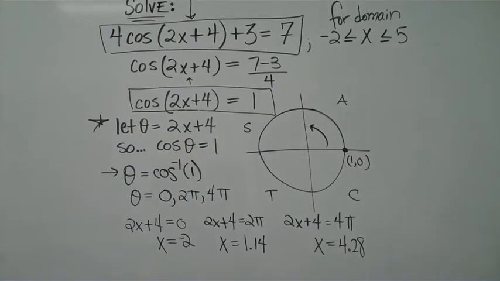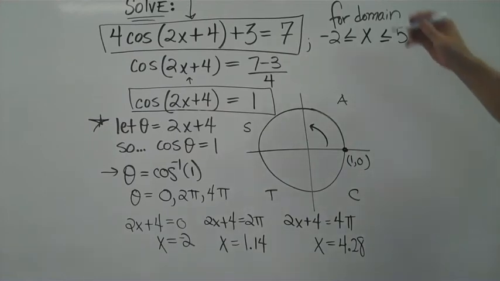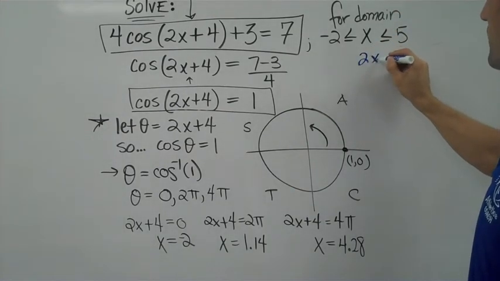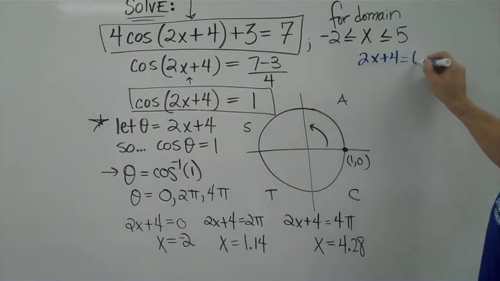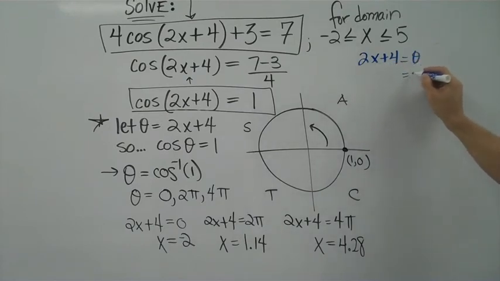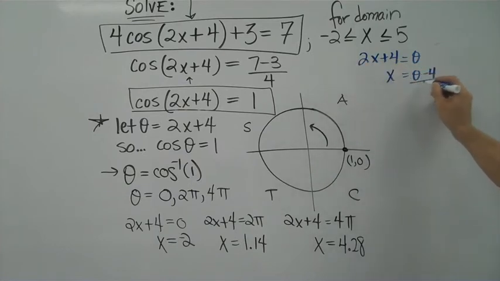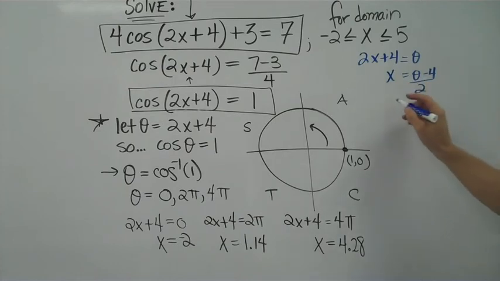I know the domain is restricted for x between negative 2 and 5. If I solve for x, I have theta minus 4, divided by 2, so x is equal to this.